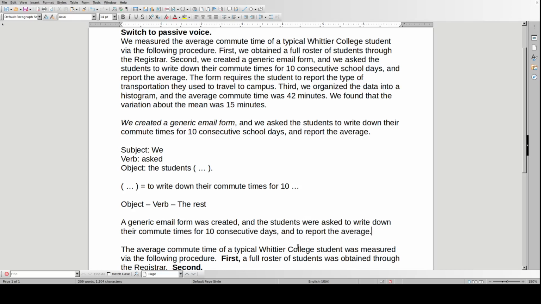The to in front of report is important because it follows like to write. If you were asked to write, you would also be asked to report. You would never say, the students were asked write down their commute times. The students were asked report the average. You need the to there because that puts the verb into the infinitive.